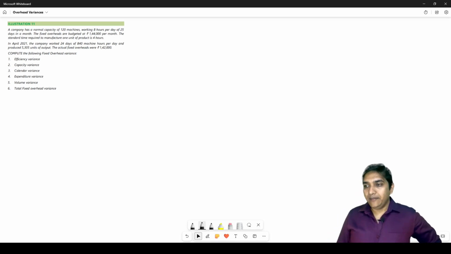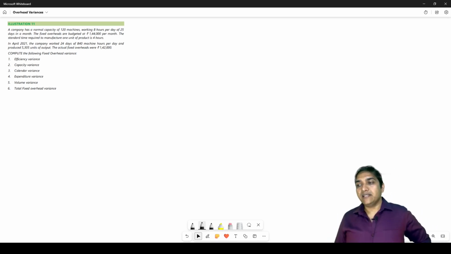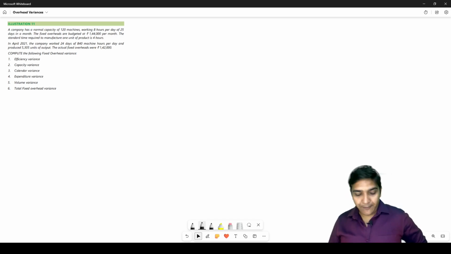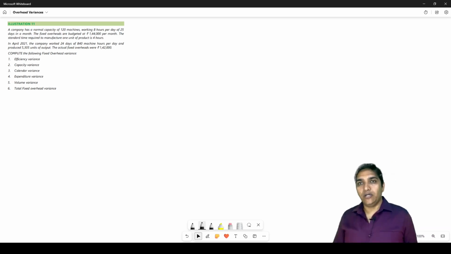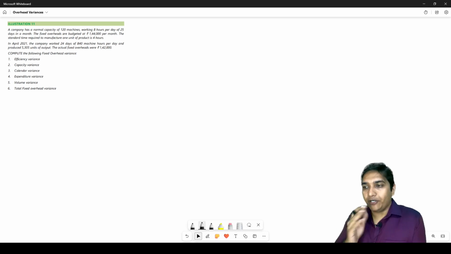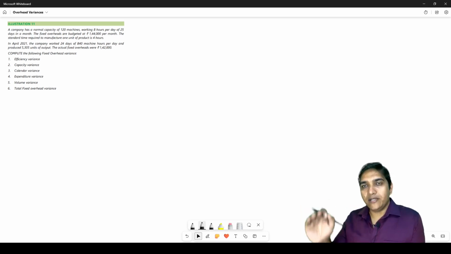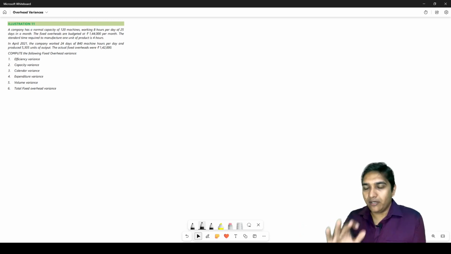In April 2021, the company worked 24 days for 840 machine hours per day and produced 5,305 units of output. The actual fixed overheads were 1,42,000. Now compute the following fixed overhead variances. They want us to compute all the variances, so I'm not going to read that out.